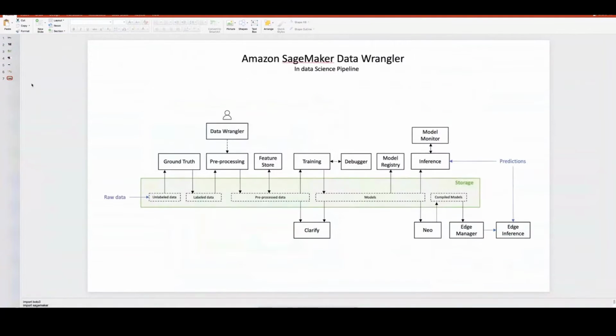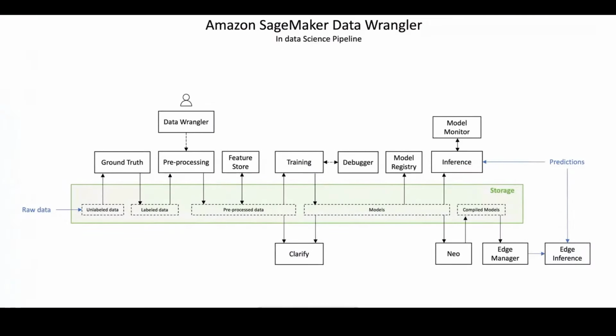And just to put it into context, this is another depiction of the SageMaker pipeline. You saw on the previous slide how SageMaker has pre-processing functionality, then model training functionality, then model deployment, and then model monitoring.